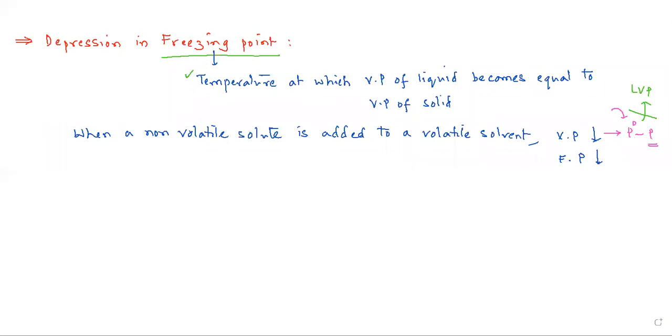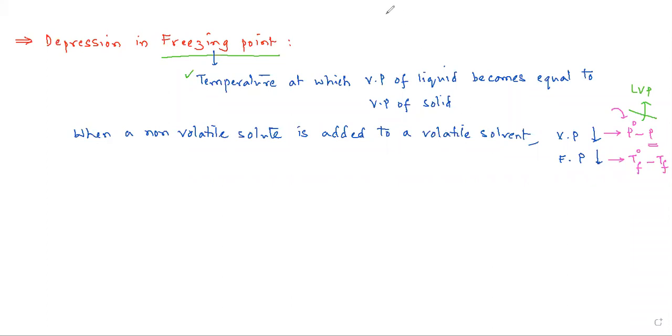Similarly, even freezing point also decreases. So this can be given as T naught F minus Tf. Freezing point of the pure solvent is more than that of the solution.